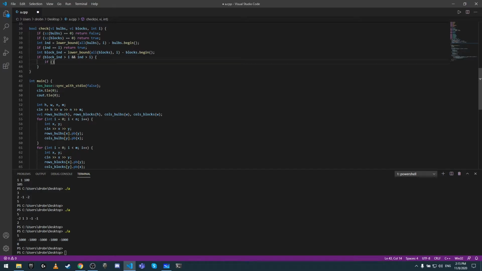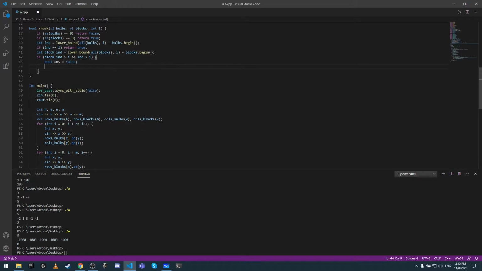So if bool ans equals false, now we start to evaluate. So currently we are checking the right side. So if index is smaller than block index, then ans equals true. We can just return true, right?